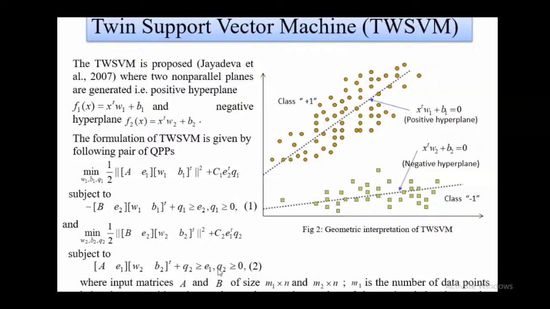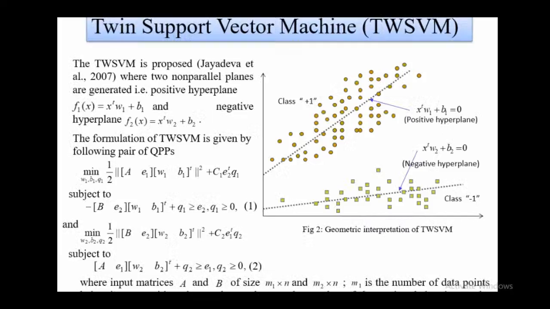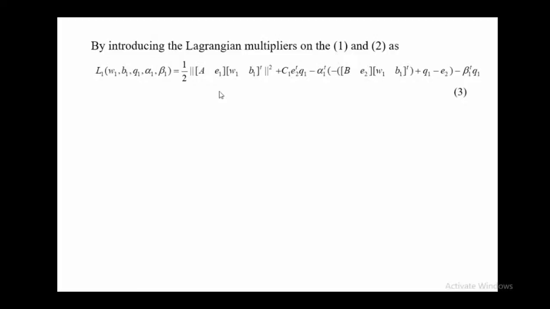So now we have this particular problem, and we have to solve this primal problem. What we will do is write this primal problem as a Lagrangian, by introducing the Lagrangian multipliers. We assume alpha 1 and beta 1 are the Lagrangian multipliers for this problem, as well as alpha 2 and beta 2 for this one.